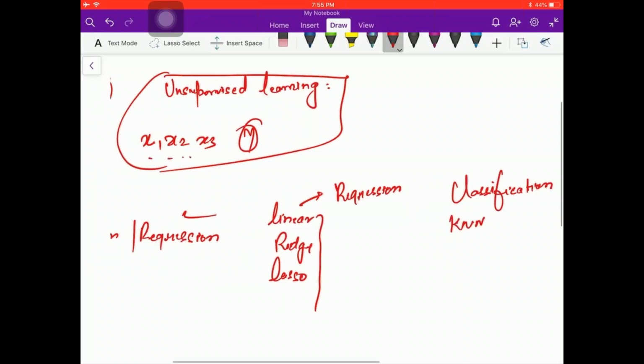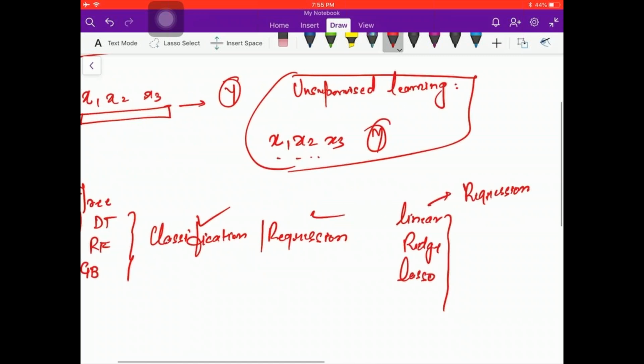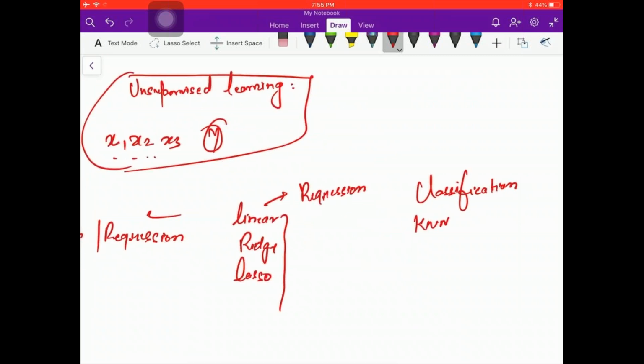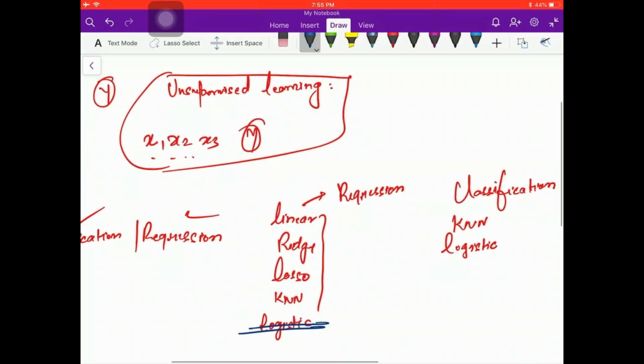I'm not writing these because these are common. A KNN can do a classification, KNN can do a regression. A logistic can do a classification, but a logistic cannot do a regression problem, I'm mentioning this specifically. Then what else did we learn?